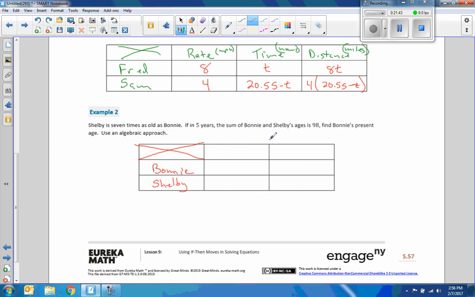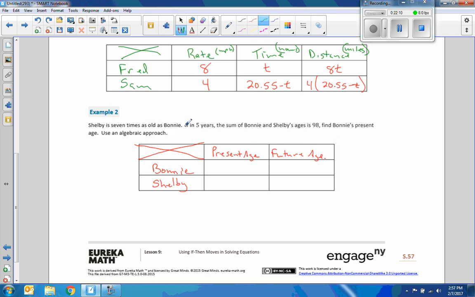So we were talking about 2 things. Find Bonnie's present age, and we're talking about in 5 years, future. So present age. Okay, and then future age. Alright, so that's what we're setting up.